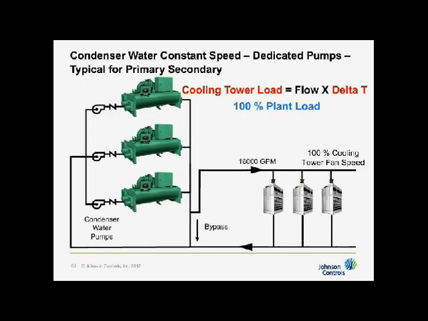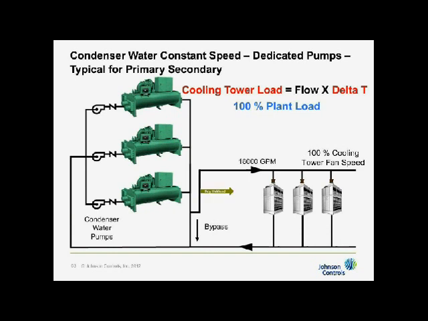First, we're going to look at a typical condenser water system, constant speed, dedicated pumps that you would normally see with the primary secondary plant, and we still have the same rules as before. Cooling tower load is flow times delta T. Here's a typical diagram. We have the condenser water pumps, dedicated per chiller.